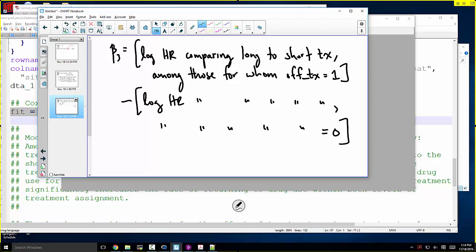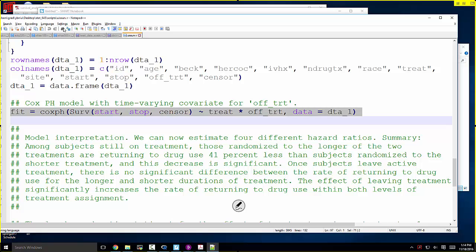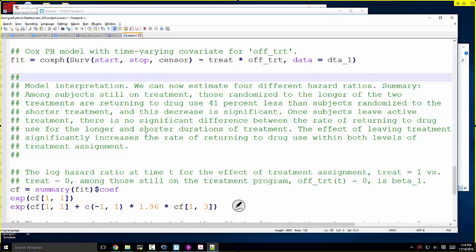That stuff that I just wrote down on the screen is analogous to what we've done before with interpreting regression coefficients. We've seen a few times models that have interactions in them, and I'm just reproducing what we've said before is the way we interpret them. So with this model, we can estimate 4 different hazard ratios.